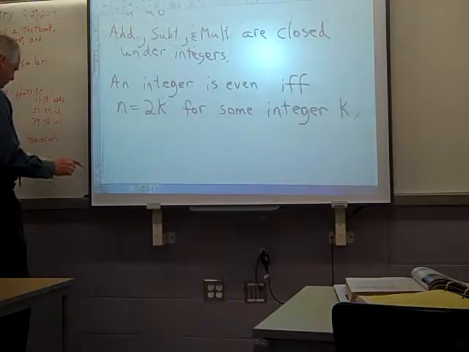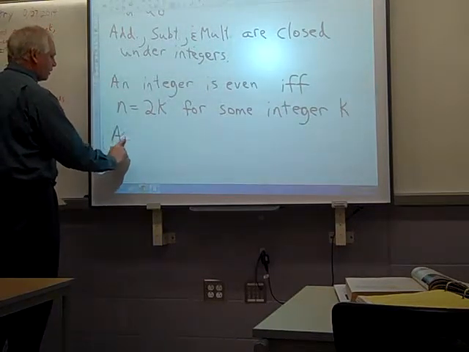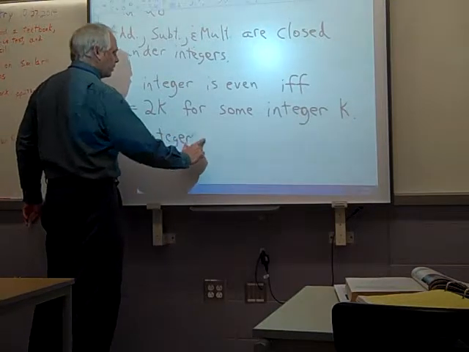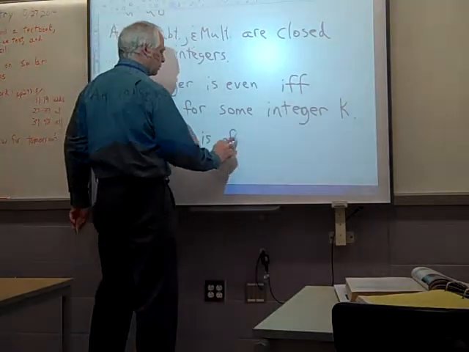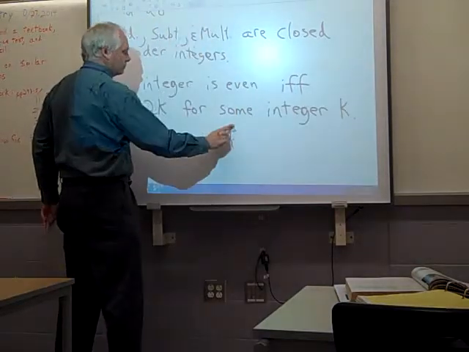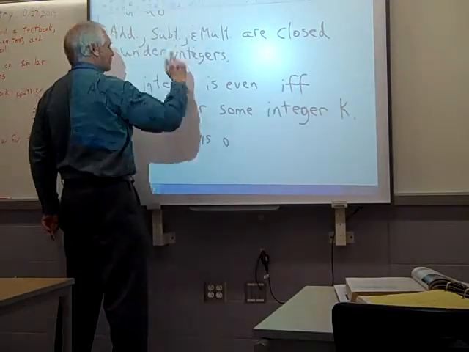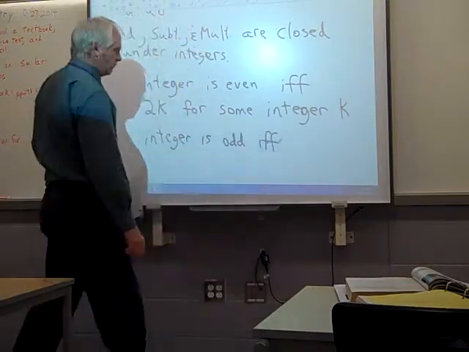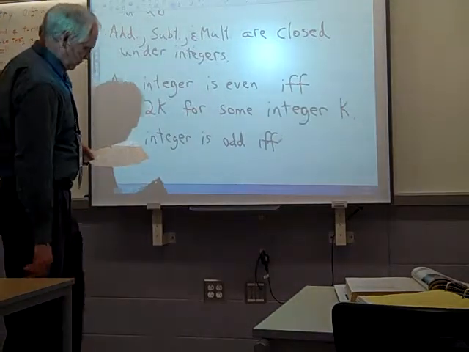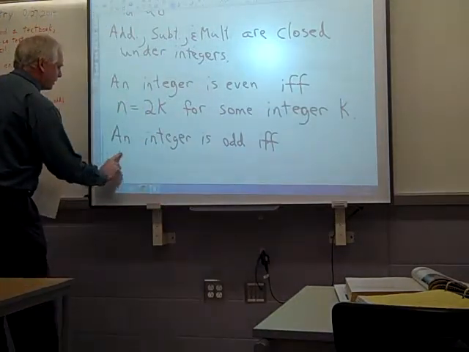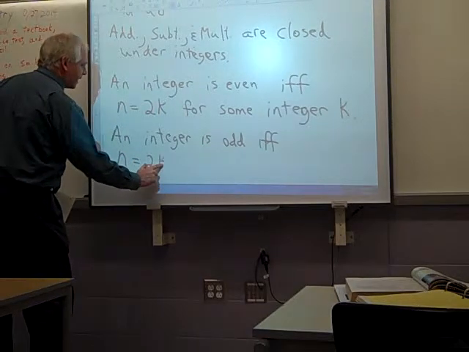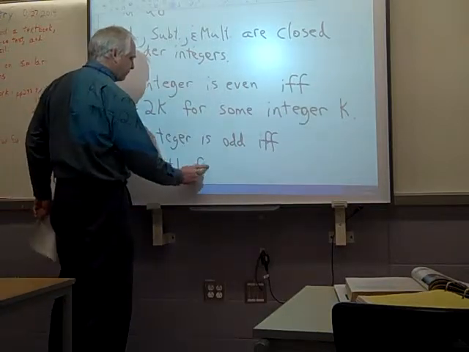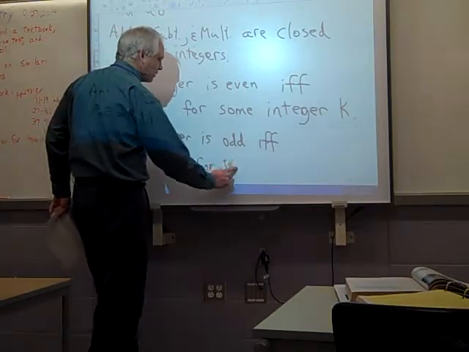Okay. An integer is odd if and only if n equals 2k plus 1. We need a plus 1 there for some integer k.